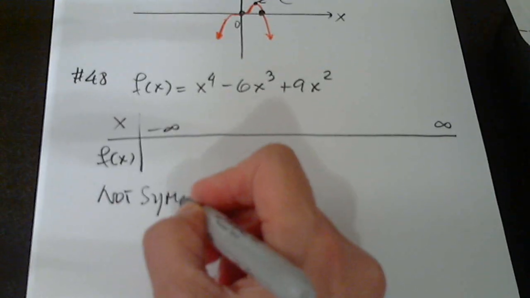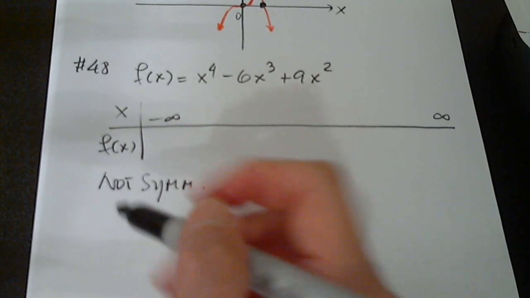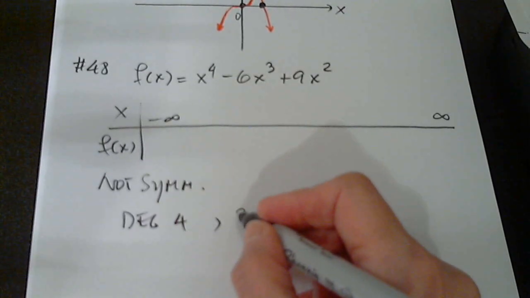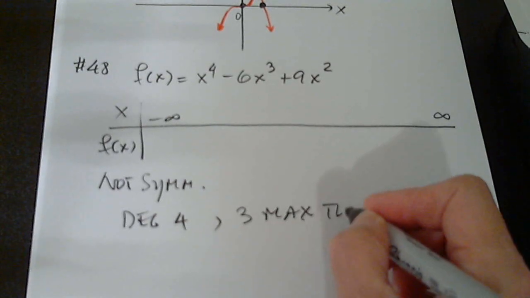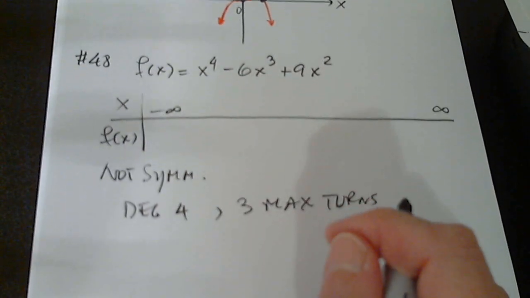Not symmetric. Okay, so about the end behavior, this is degree 4. Maximum number of turns 3. It doesn't have to have, but you cannot have more than 3.